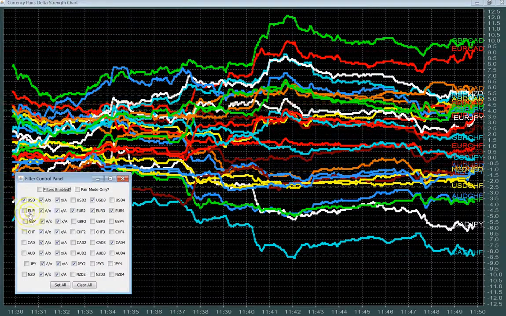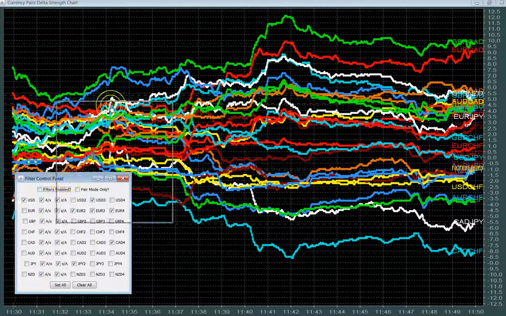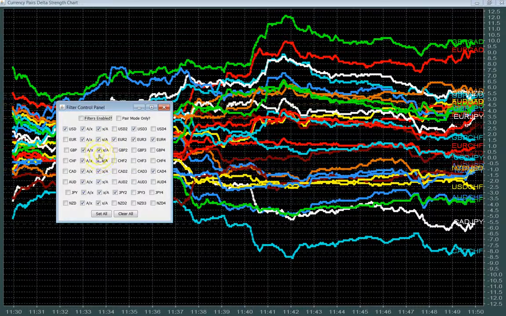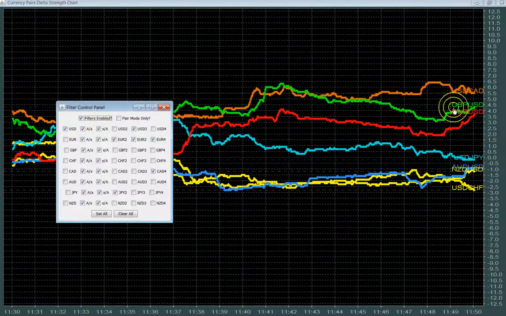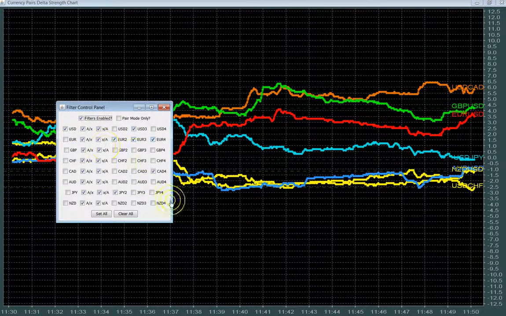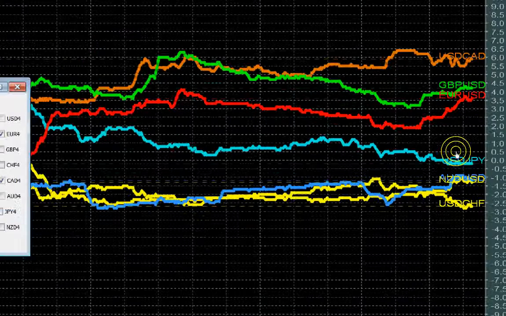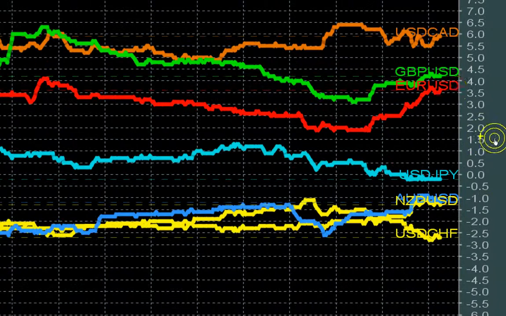So what we can do here in the filtering panel is to filter all of any currencies which contain the United States dollar, the USD. So for the moment, don't pay any attention to these other aspects, just these checkboxes on the left. So all of these currencies here are ones containing the US dollar, either as the base currency or as the quote currency.